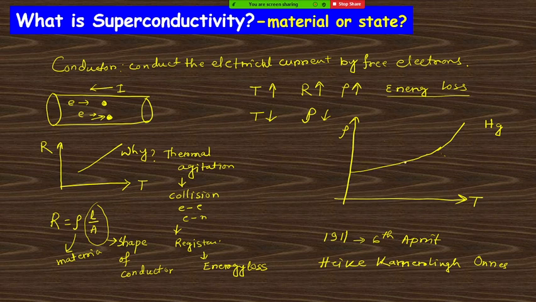The nature would be gradual, but at a certain temperature, in the case of mercury 4.2 Kelvin, the change is abrupt. After that temperature the fall in resistivity is abrupt. This temperature is 4.2 Kelvin in the case of mercury.